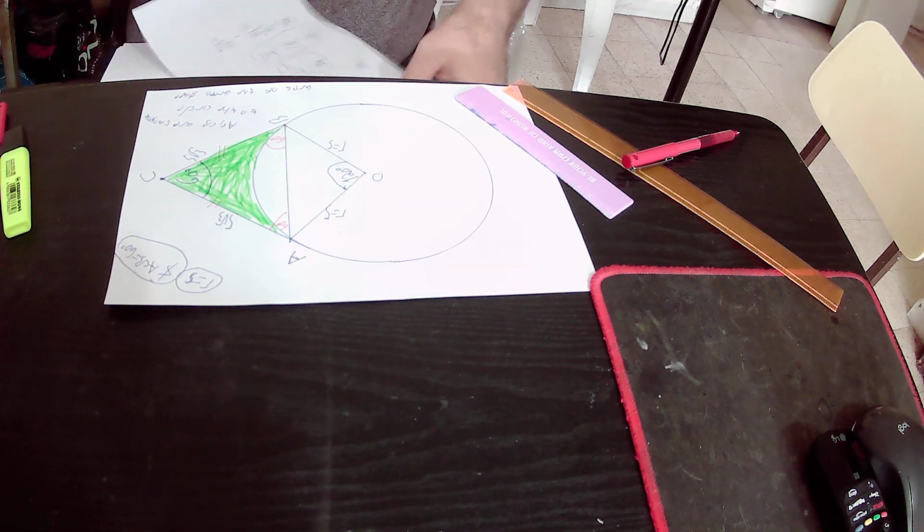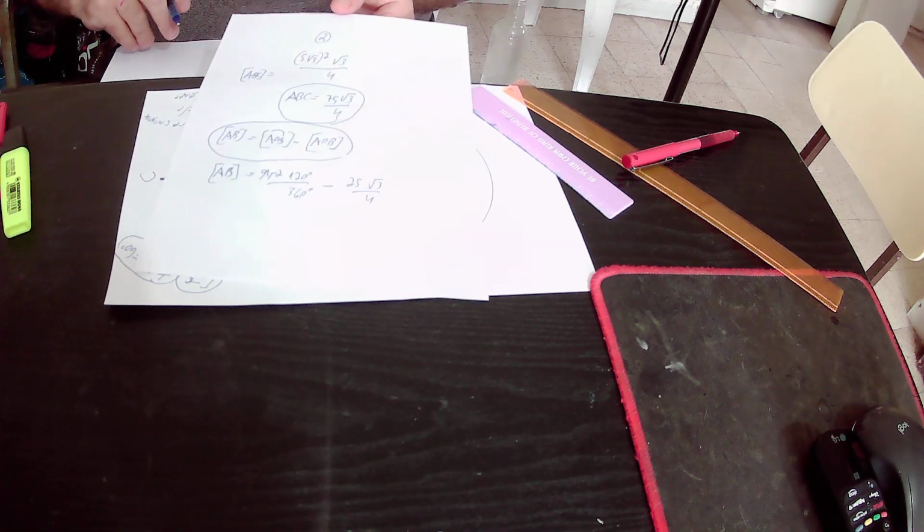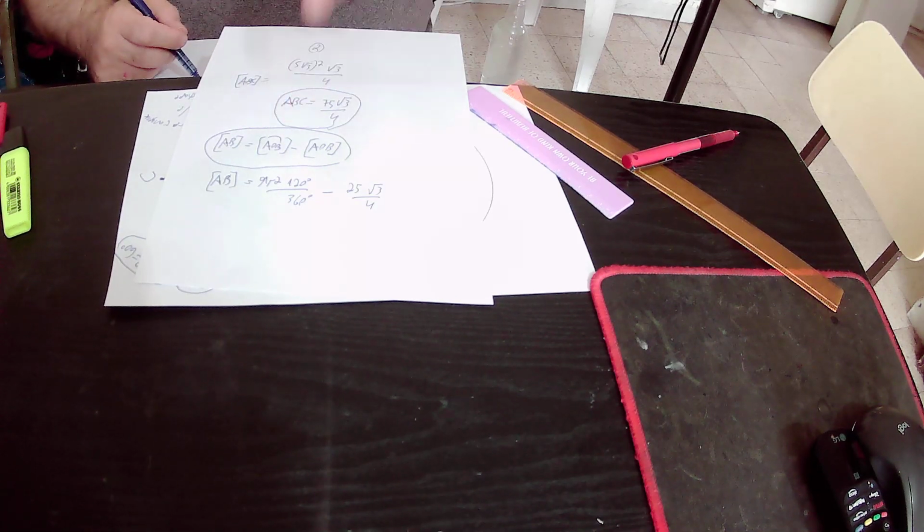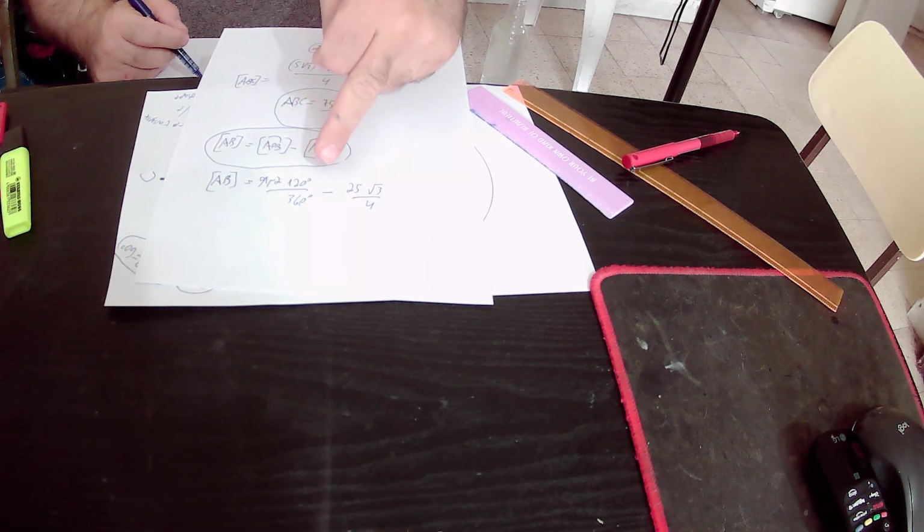Okay, so the area of circular segment AB equals this expression. R equals 5, so pi r squared is 25 pi. 120 degrees over 360 degrees is 1 over 3.